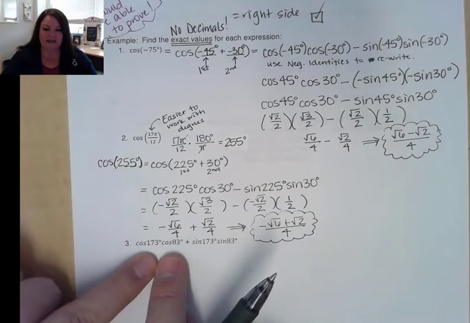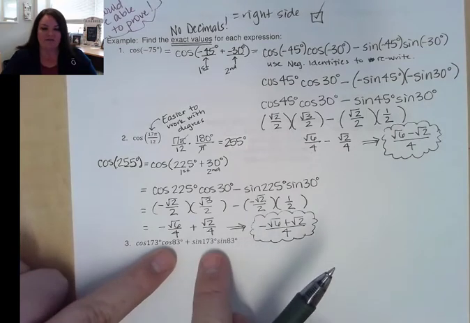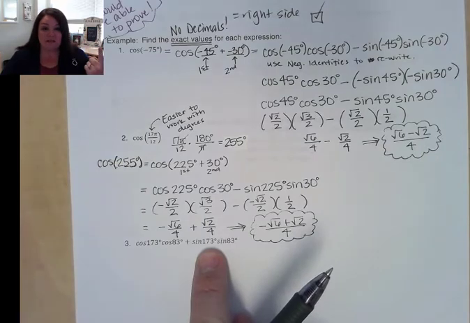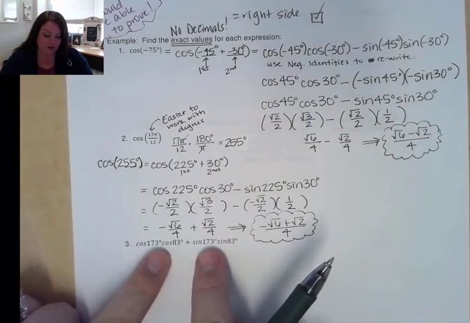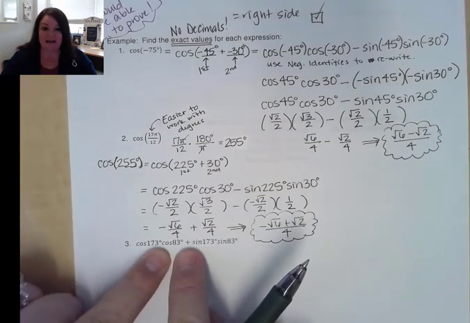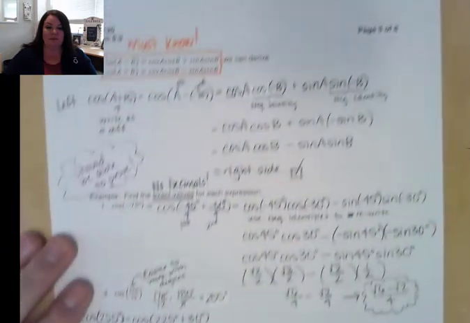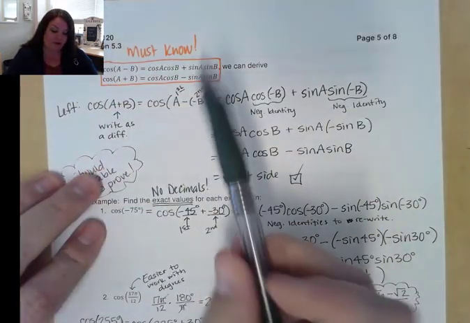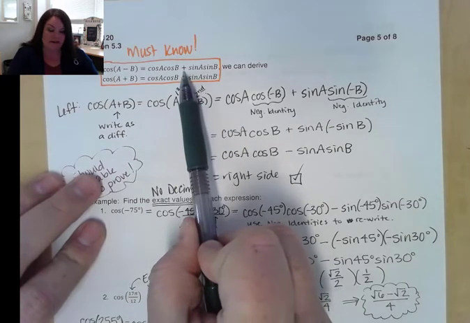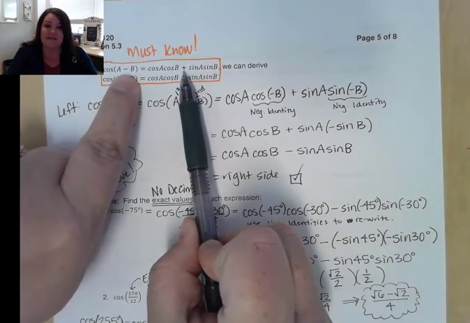So the first thing I need to determine is, have I been given the formula for a difference cosine identity or a sum cosine identity? If I look at my two terms, notice they're being added. So if I look back at my identities here, if I have two terms that are being added, that means I must have the difference cosine identity, right?